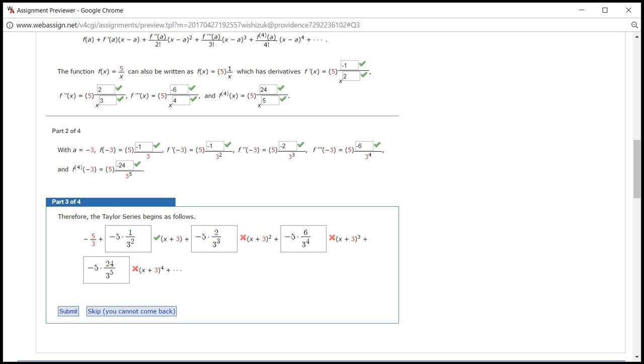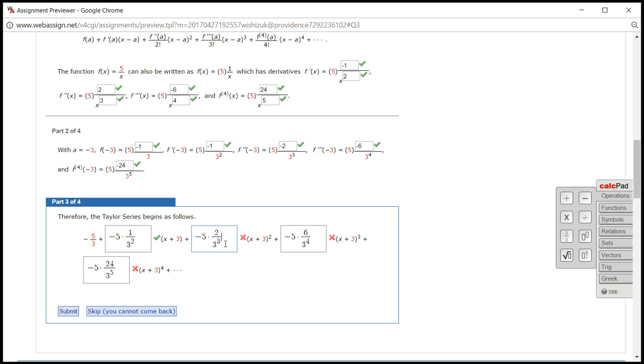I forgot to put the n factorial on the bottom. All right, so the first one is over 1 factorial, so that was okay. But for this one, I would have to put, let's see, 2 factorial on the bottom, right? And then here, I would have to put 3 factorial, right?